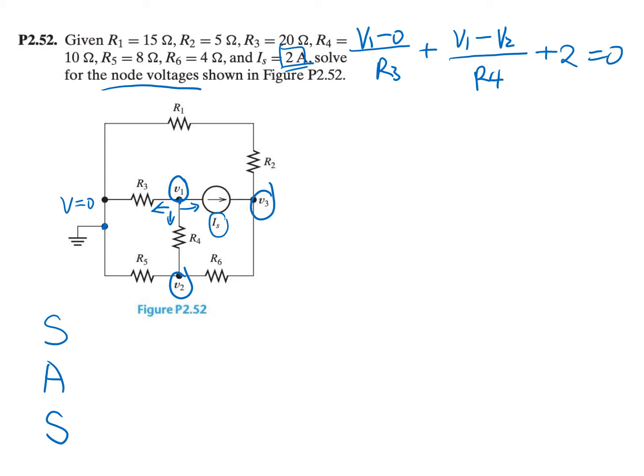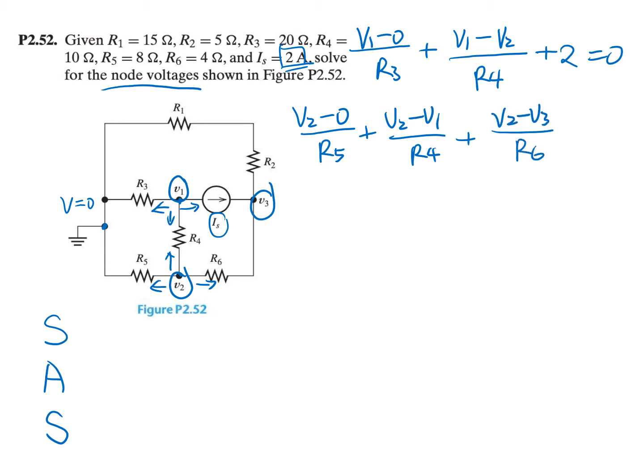Well, then comes node 2. Assume all the currents flow away. So we have V2 minus 0 divided by R5 plus V2 minus V1 divided by R4 plus V2 minus V3 divided by R6, and that's equal to 0. Well, for node 3, we have all the currents flowing away.